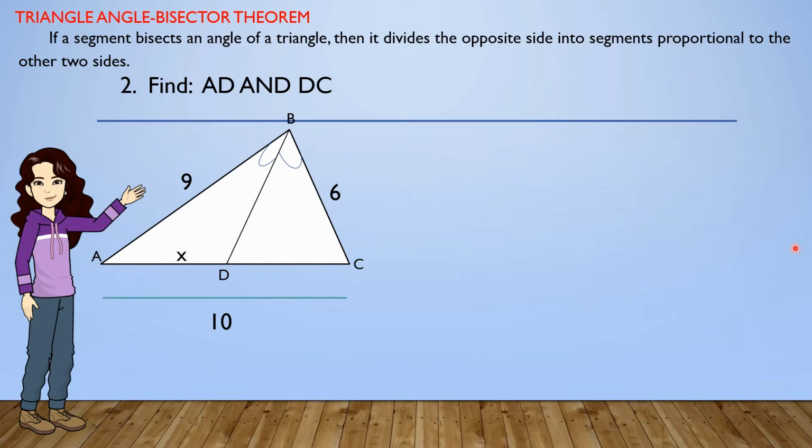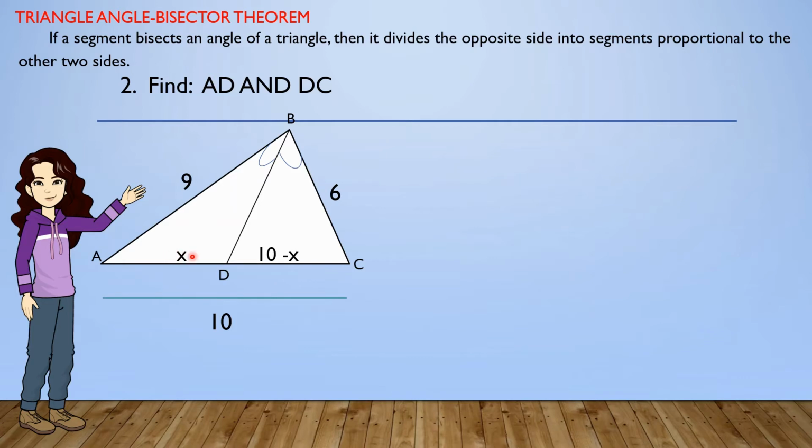We're going to use X for this segment, and the other segment is 10 minus X. When we get the value of X, we just subtract from 10 to get segment DC.